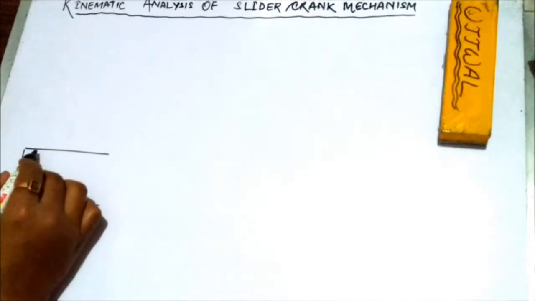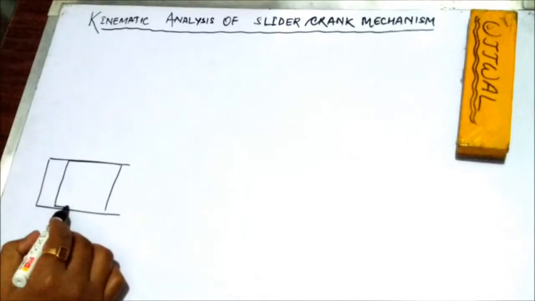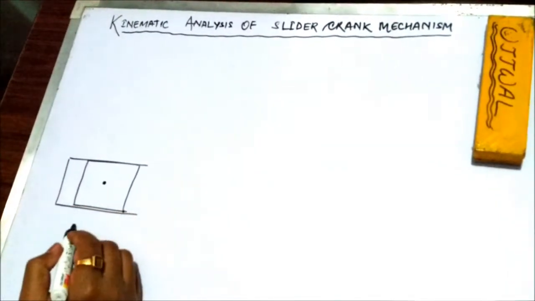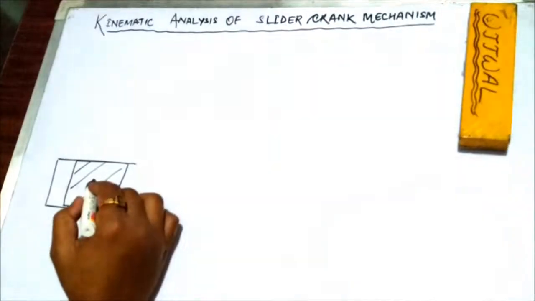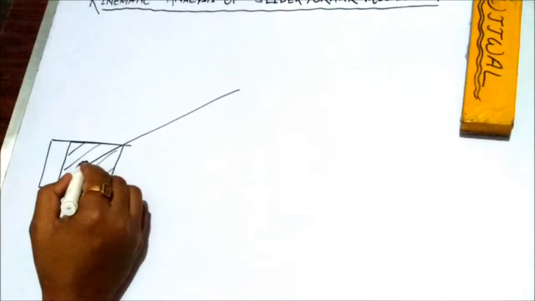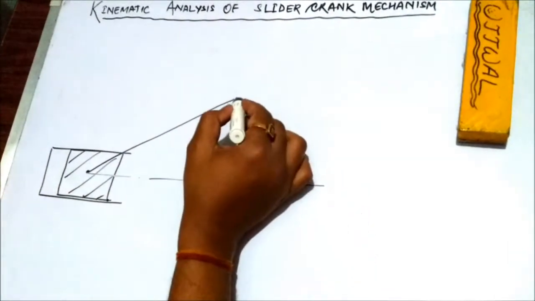Now this is our engine cylinder, and this is the piston inside the cylinder. This is a connecting rod, and this is a crank.